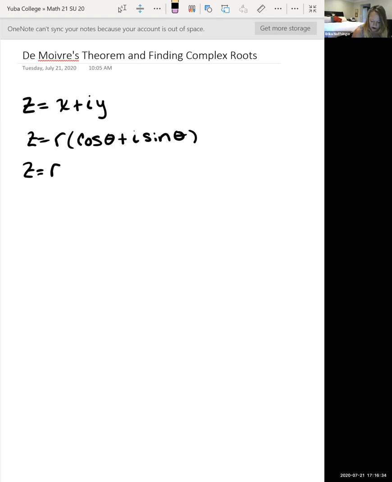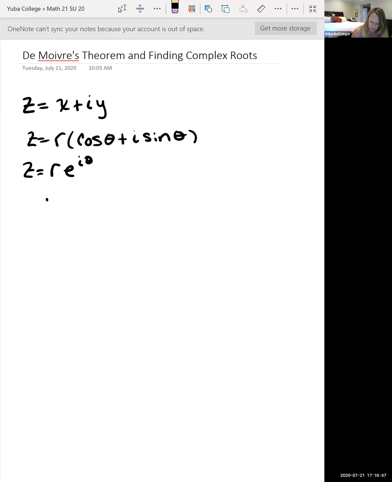For instance, if we had z equals x plus iy, we could rewrite this as z equals r times (cosine theta plus i sine theta), or equivalently, z equals r e to the i theta. So we should be able to go back and forth between these.